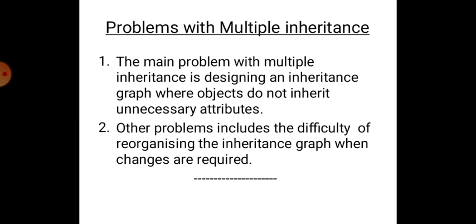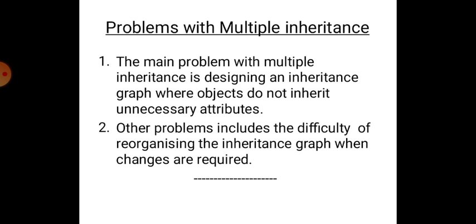So in multiple inheritance, as you know, there are more than one parent. So you have to select only required attributes in the subclass or inherited class. So this is one of the main problems in multiple inheritance.